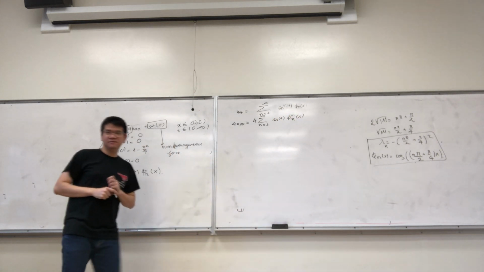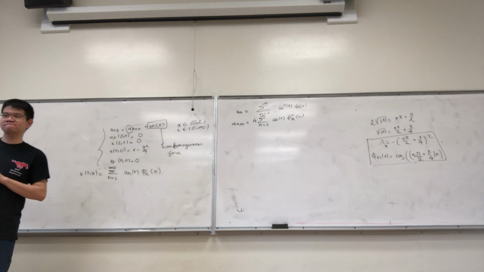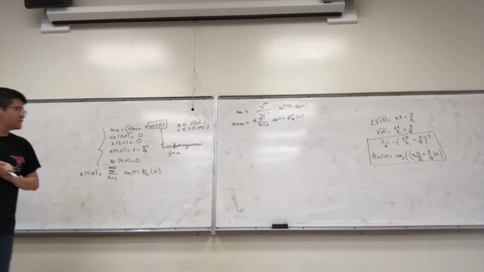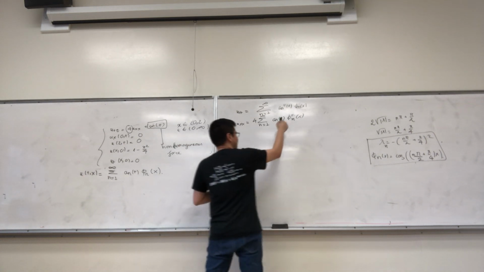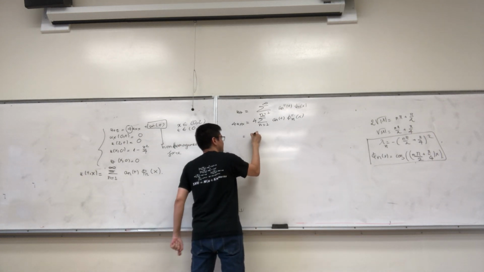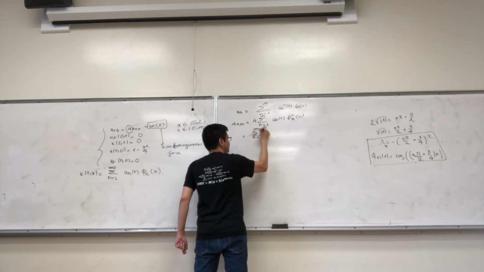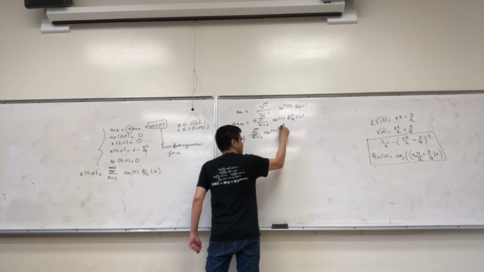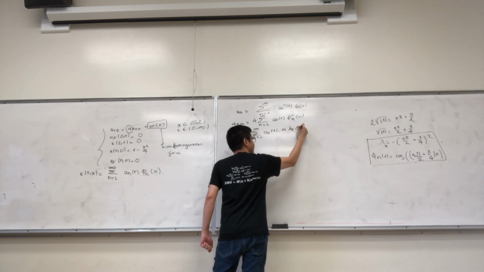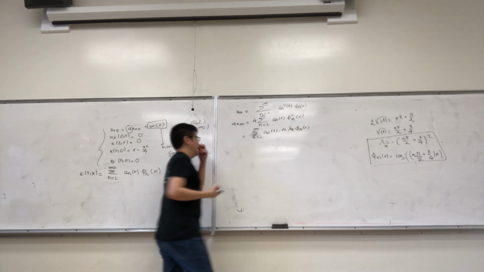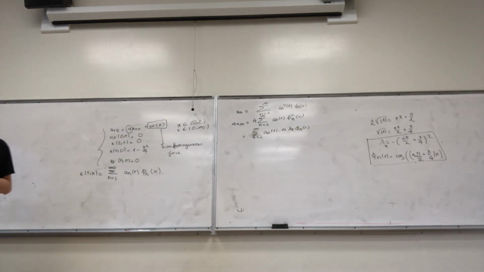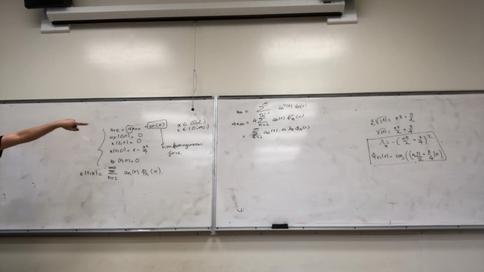So what is phi n second? Lambda n phi n. So this is the sum, n from 1 to infinity, of a n of t times 4 lambda n phi n of x. I put the 4 inside.